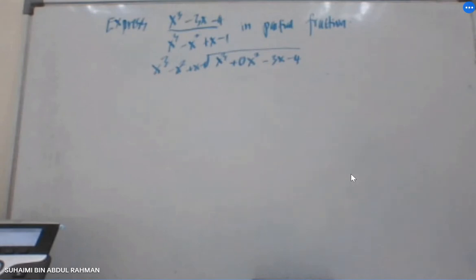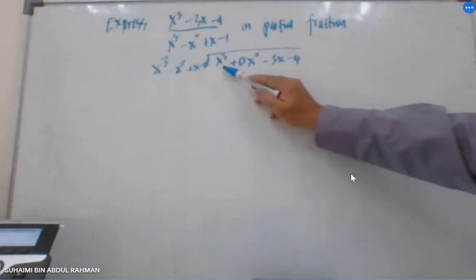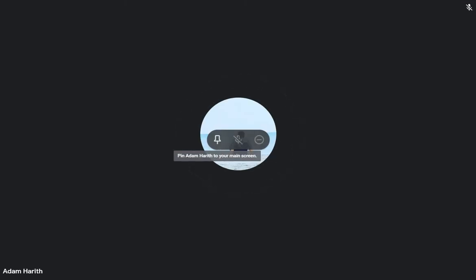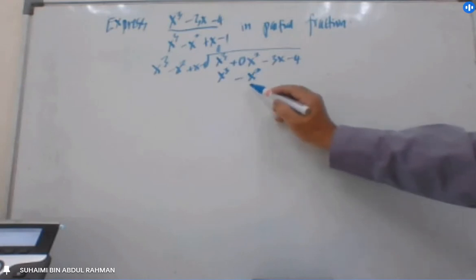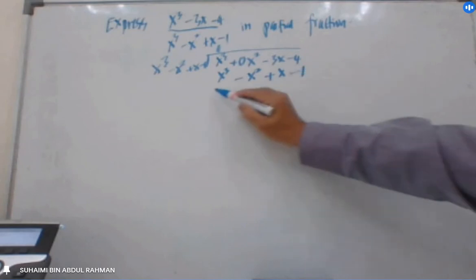So what do you have? X cubed divided by x cubed, that is 1. So we have x cubed minus x squared plus x minus 1.